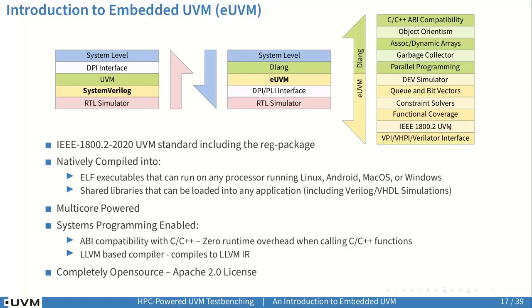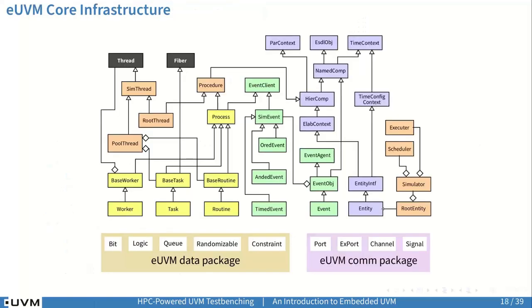We have the complete implementation of the IEEE 1800.2 standard. For interfacing with Verilog or VHDL, we have a VPI or VHPI based interface. It's a pretty complex implementation running into hundreds of thousands of lines of code.